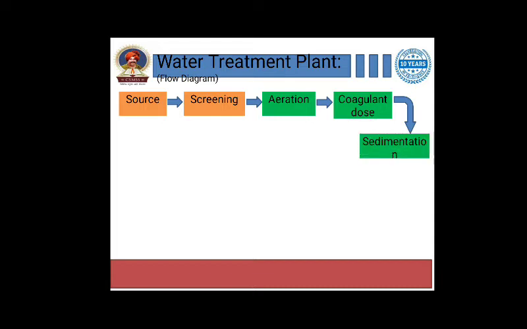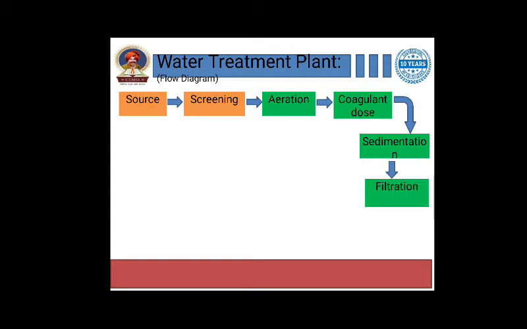Then we pass this water to the sedimentation tank. Due to self weight and gravity force, the heavy particles settle down at the bottom and are separated out from the water.